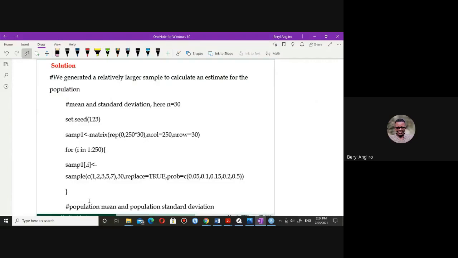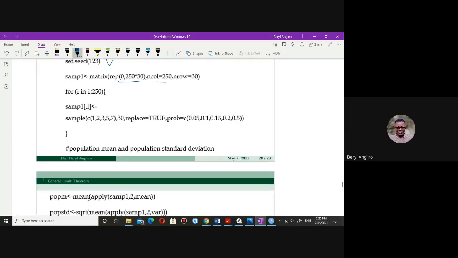So first here we are setting the seed because we want to use the same random numbers generated. Then the first sample is in the form of a matrix of 0s, 250 by 30. Then this is the data, 250 columns. Then for i in 1 up to 250, we have sample i, that is the ith column.